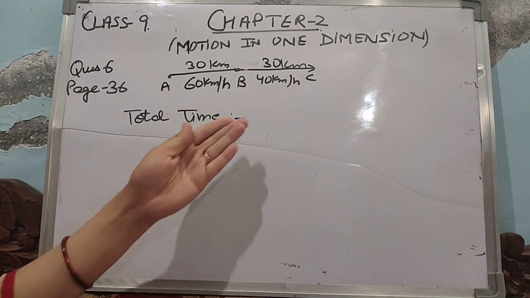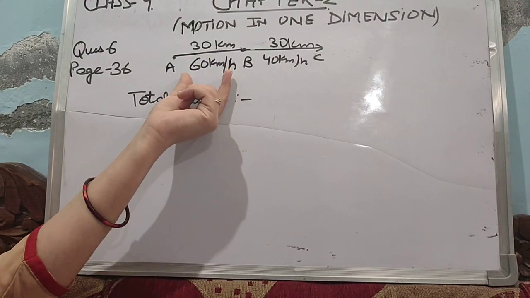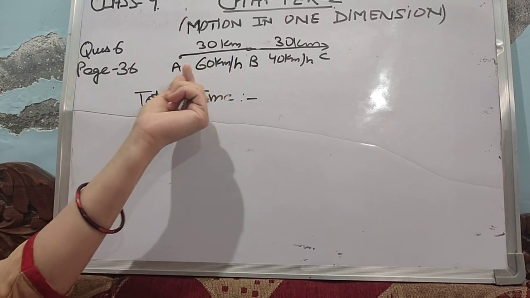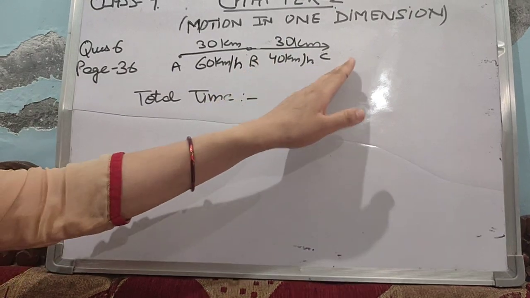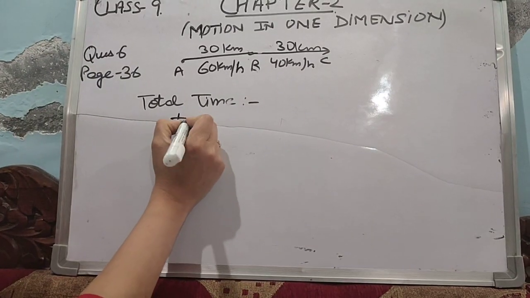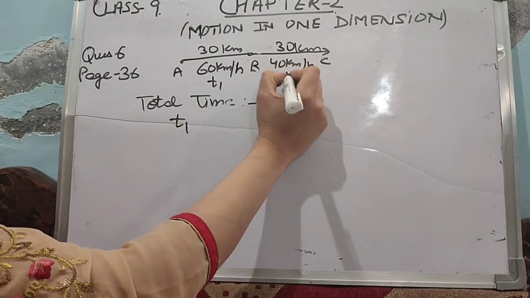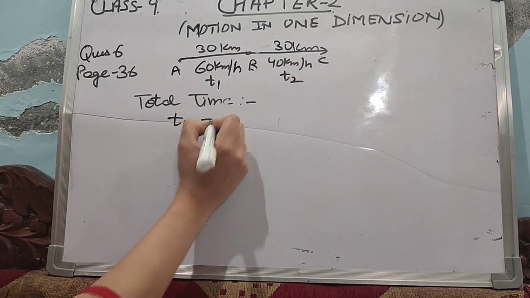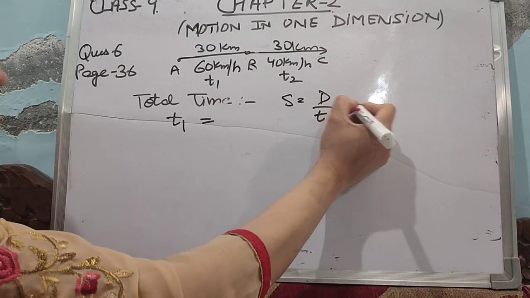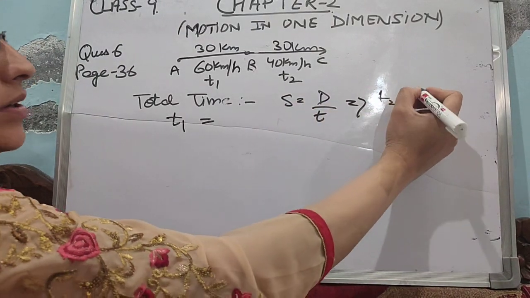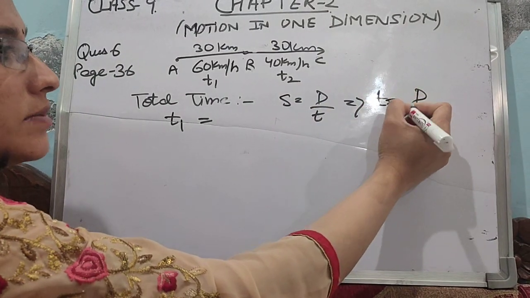So how can you find the total time? First find the time taken in traveling from point A to B, and then calculate the time taken in traveling from B to C. Let us say these are T1 and T2. T1 will be equal to, we know speed is equal to distance upon time, so time will be equal to distance upon speed.